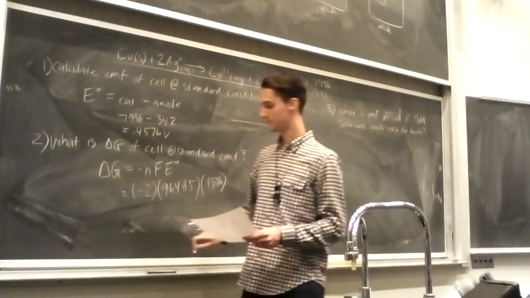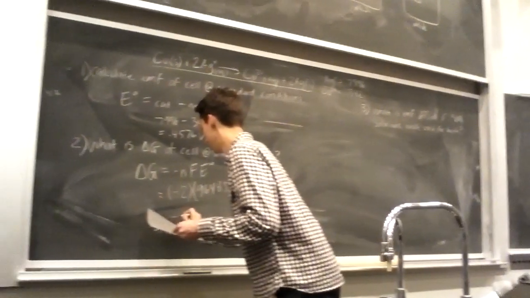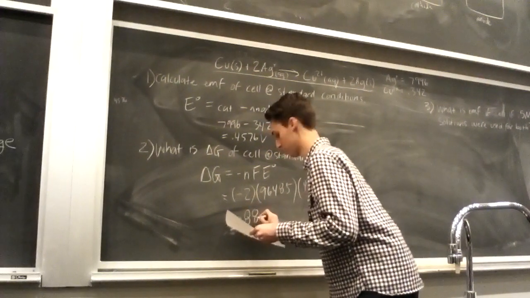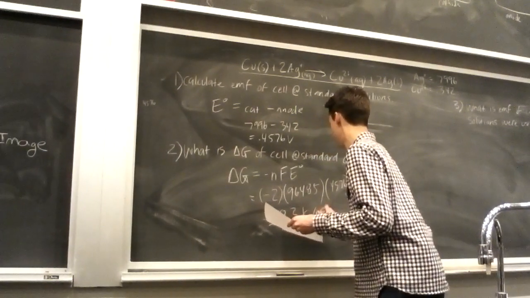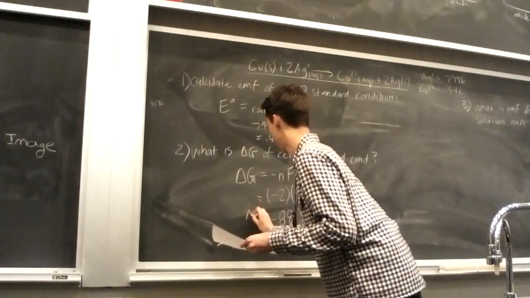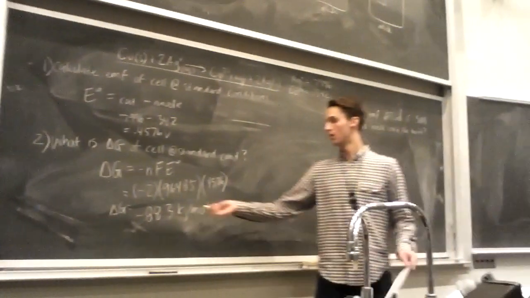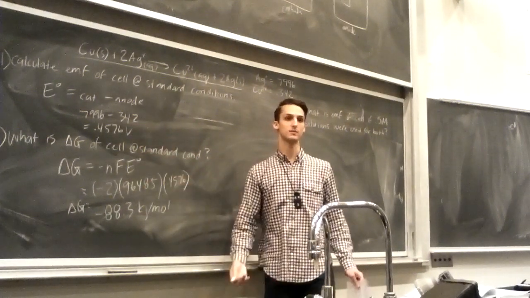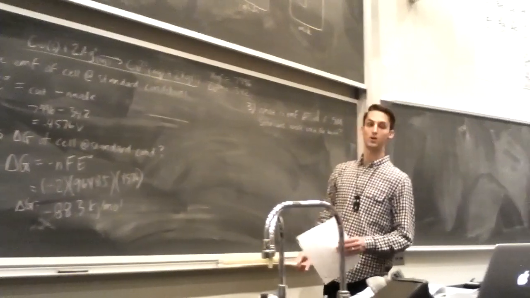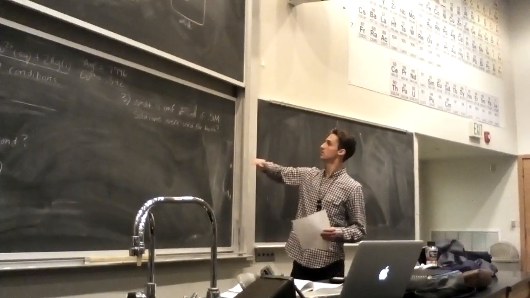And when you do that, delta G should equal negative 88.3 kilojoules per mole. So that rings true. Our delta G was negative when this was positive, so that is a spontaneous reaction that's happening. Everyone good there? Okay, let's go on and do this one.